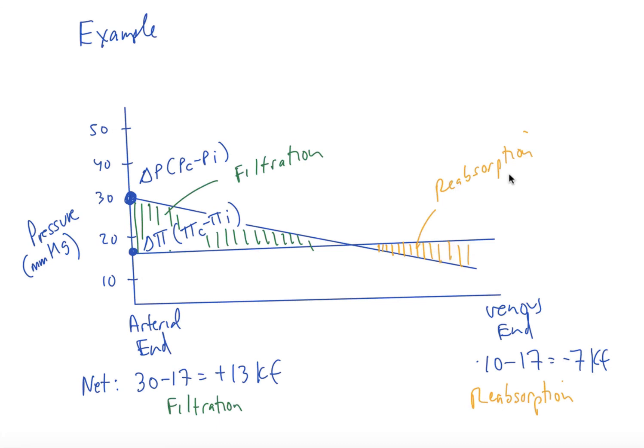And this is a pretty standard way that it looks in a systemic capillary. I have filtration early on, and then some reabsorption at the venous end, but overall, even though I have some reabsorption on the venous end, in this case it ends up being, let's say, -7 times Kf, overall there's some net fluid leaking out of the systemic capillary.